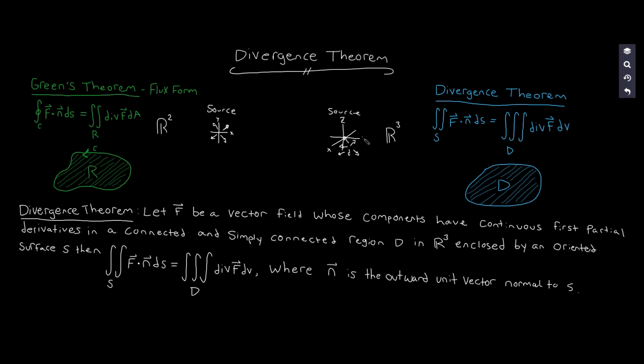And then if you think about a sink in the second dimension, it's exactly what it sounds like. The arrows are going towards a specific spot. They're all pointing to something.